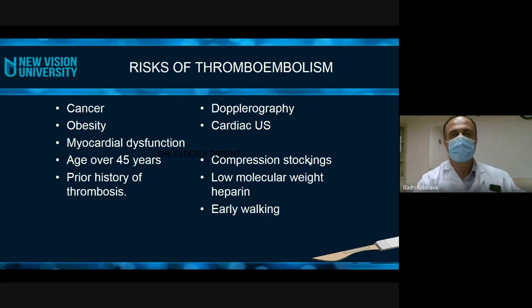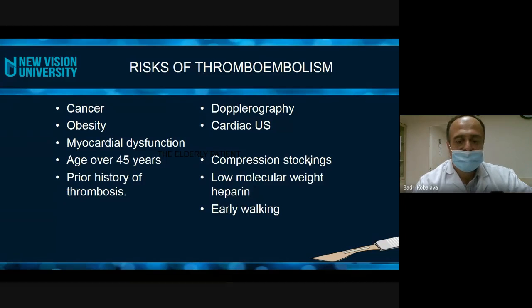Heparin is used to decrease the blood coagulation ability. But unfractionated heparin, so-called ordinary heparin, needs strict control.